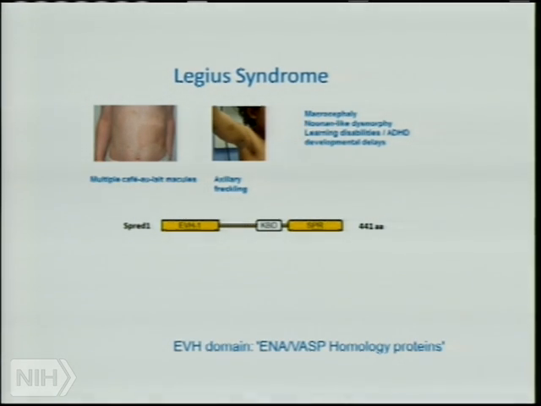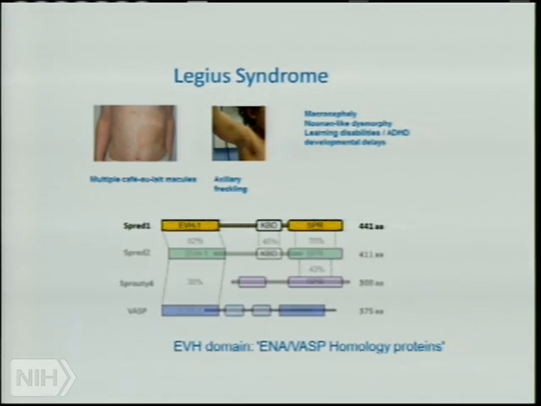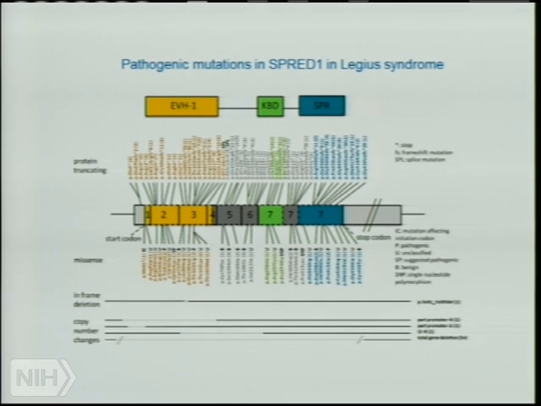So we did mass spec on wild-type SPRED1 and some of the pathogenic mutants from this syndrome and found that, in fact, the major function we could find for SPRED1, it binds to NF1, and they actually work together as a complex. So these are now all the pathogenic mutations in SPRED1 from what is now called Legius syndrome, and they map to these different regions of the SPRED1 protein, and they all affect NF1 and its ability to interact with RAS.